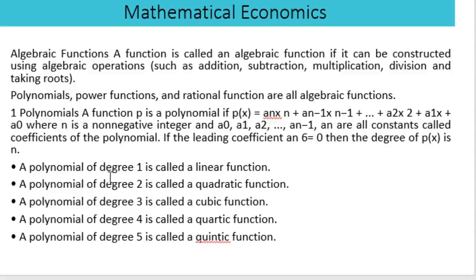A polynomial of degree 1 is called a linear function. Degree 2 is called a quadratic function. Degree 3 is called a cubic function. Degree 4 is called a quartic function. Degree 5 is called a quintic function. These are the various functions.